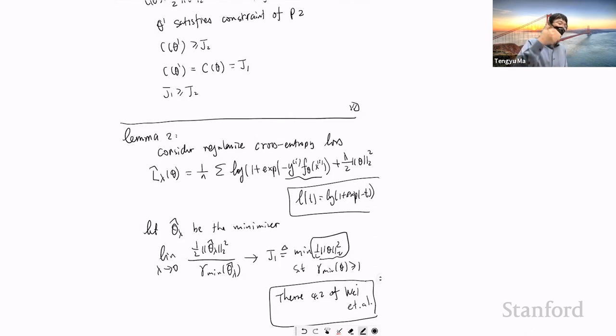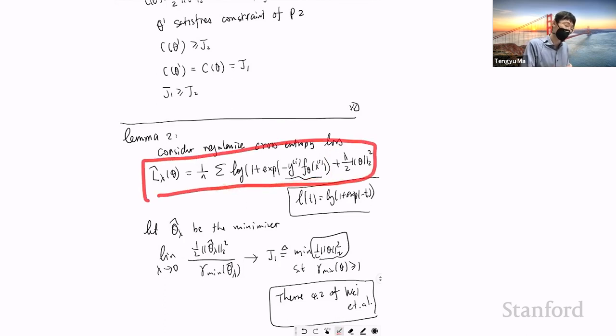You need to say I'm minimizing such a norm with the margins larger than 1, or I'm maximizing the margin with some norm constraint. So if you want to get that max margin solution, you just put the complexity measure in here. With a small enough lambda and the cross entropy loss, the solution will give you the max margin solution.